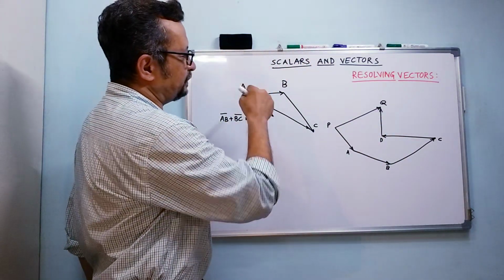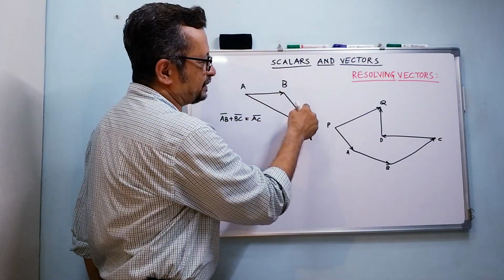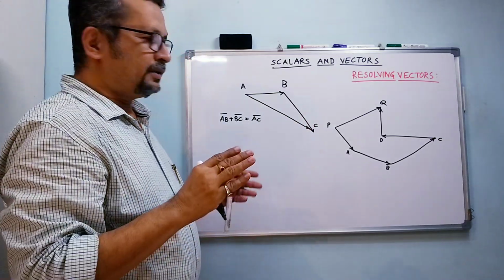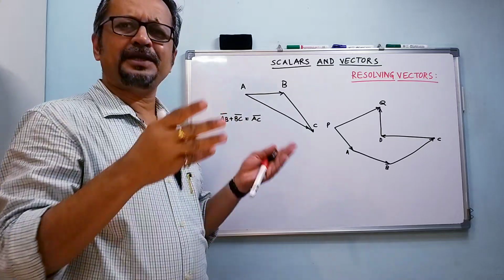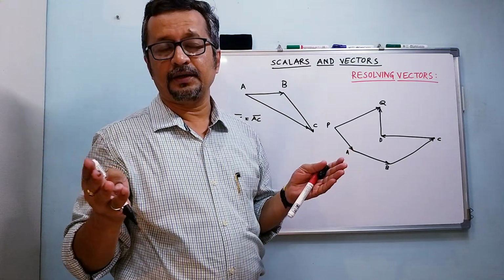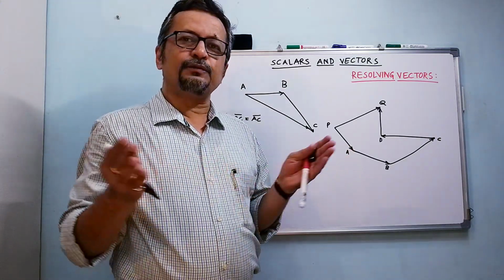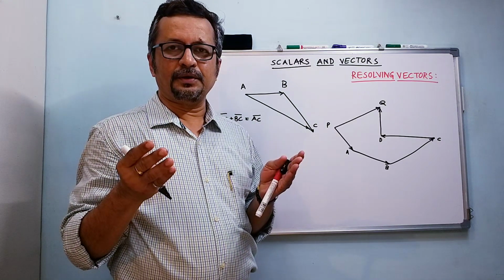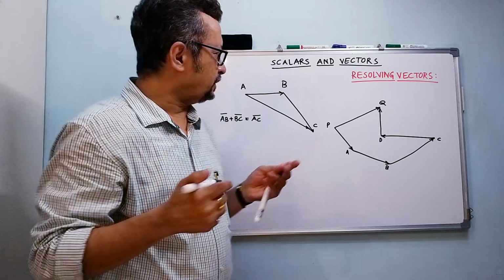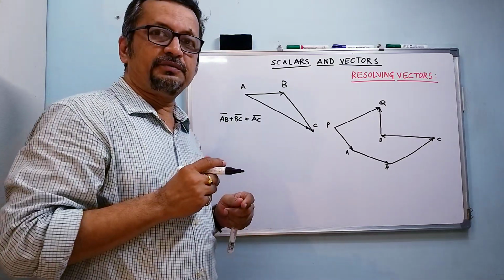For AC bar I had AB bar and BC bar. Correct. So a vector can be expressed as the sum of as many vectors as you want. Correct. But then, is it quite convenient? We have to go for something which is convenient. We all work for convenience. So what would be the most convenient thing to do?